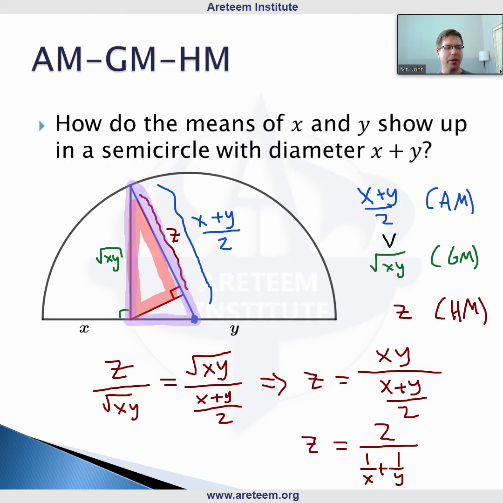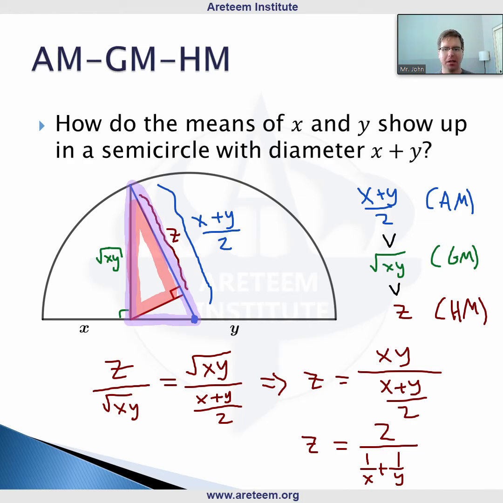So we have our three means all expressed in this diagram here, in this semicircle and perpendicular lines. The radius, the arithmetic mean, is greater than this square root of xy, which is this perpendicular line, which is greater than a portion of that radius, which is the harmonic mean 2 over 1 over x plus 1 over y.